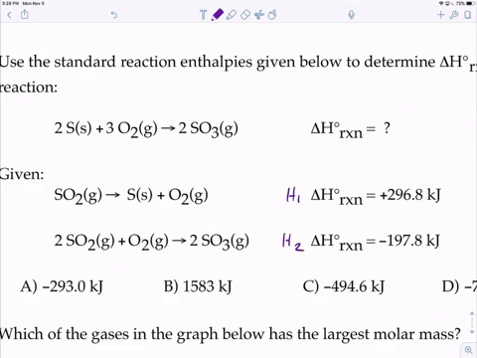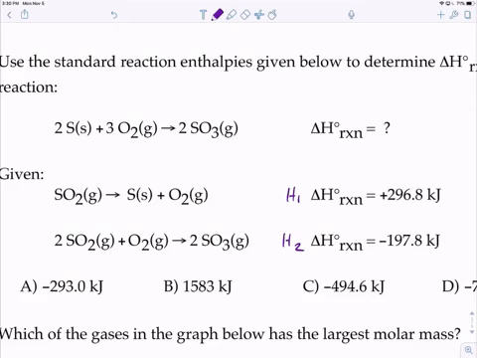So we need this, but we have these. So we have to decide where we're going to put these. To start off with, make sure all the equations have the reactants on the left and the products on the right. So this equation here has S and oxygen on the right. S and oxygen are reactants, so we have to flip this one. The second one, SO3, is a product. That's the same side. Oxygen is a reactant. So this one we don't do anything. We leave it as is.